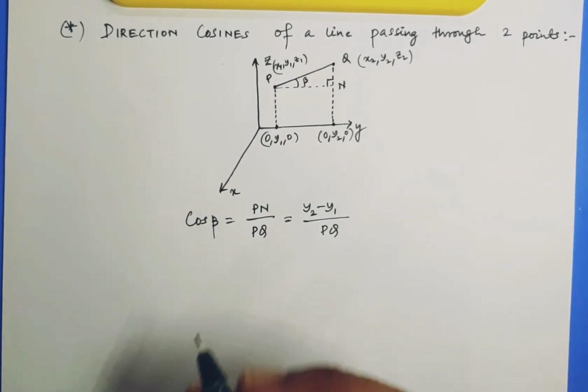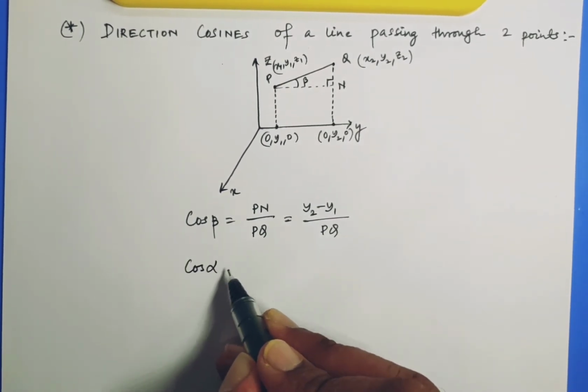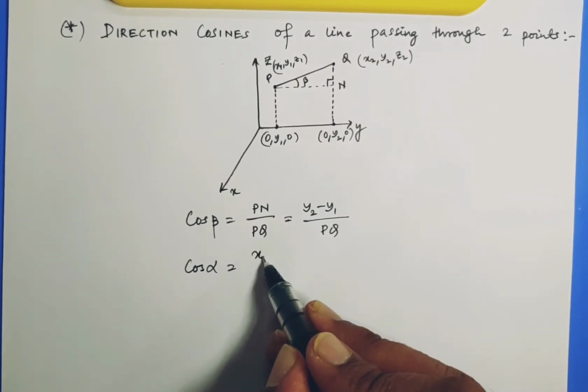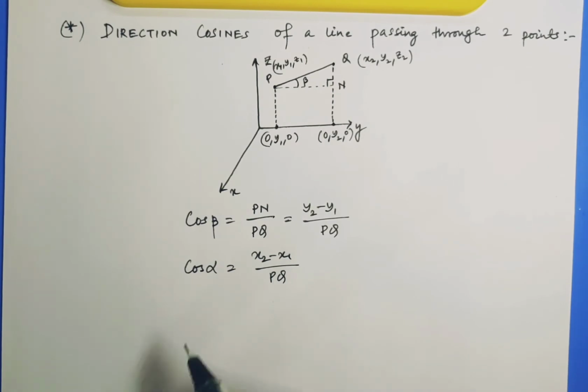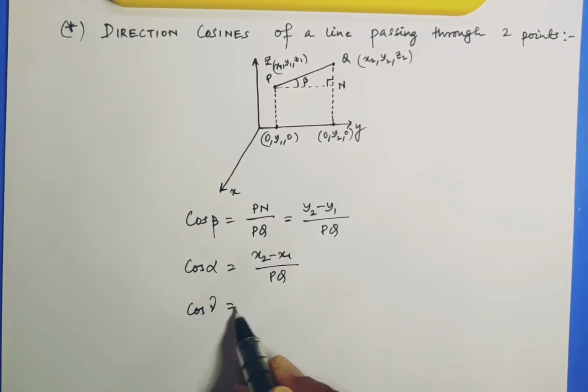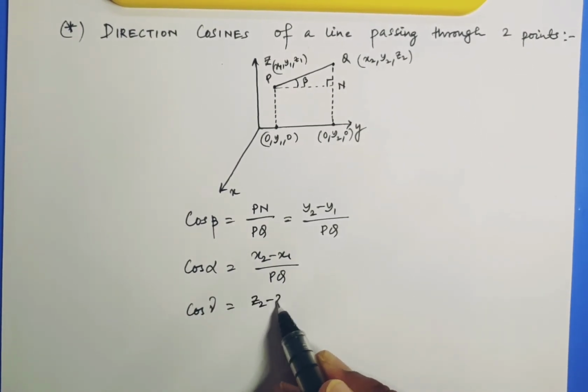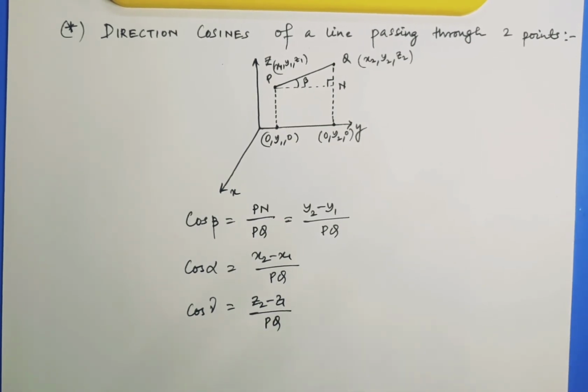Understood? In the same way, cos alpha is similarly x2 minus x1 by PQ. Cos gamma is equal to z2 minus z1 by PQ. Understood?